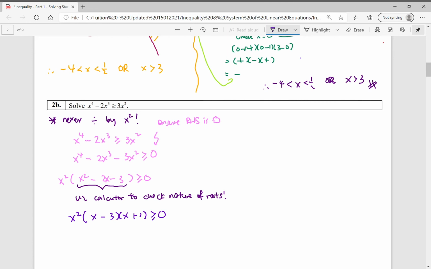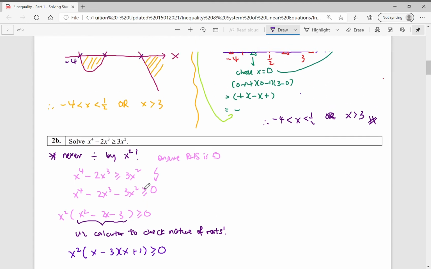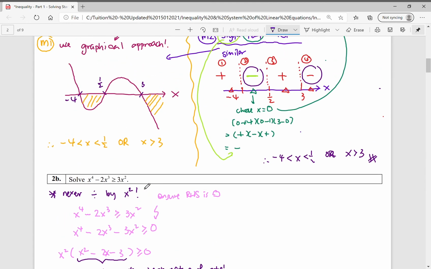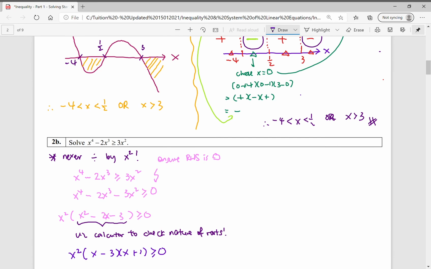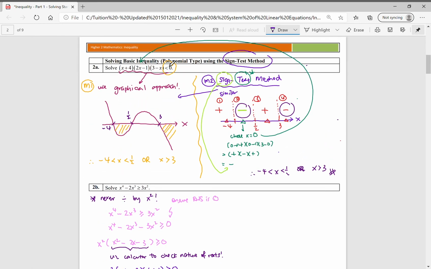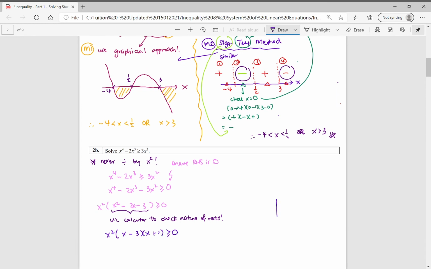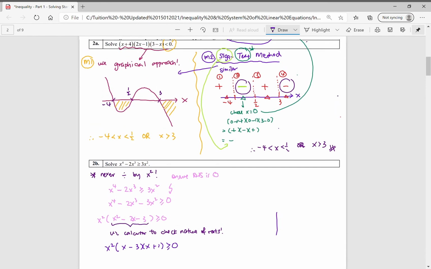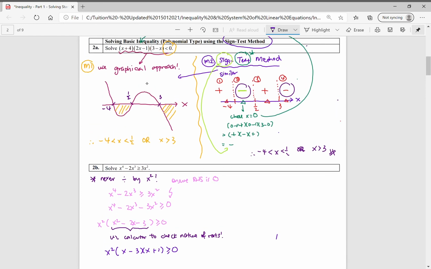Then from here, as you can see, once the expression is fully factorized, we realize that we actually go back to question number 2a type of question, whereby everything is factorized already.